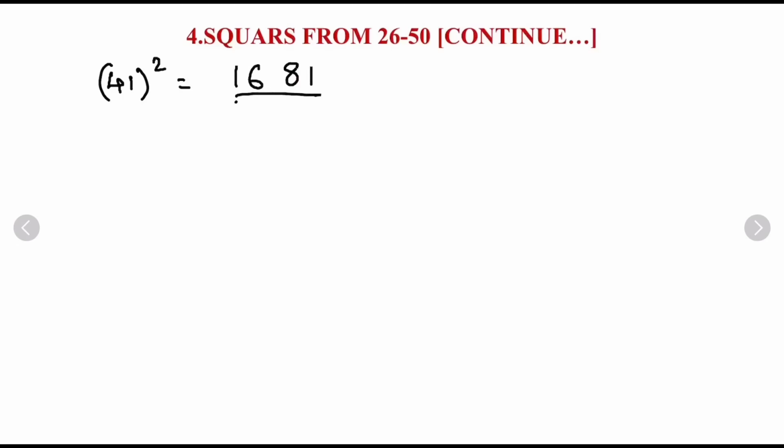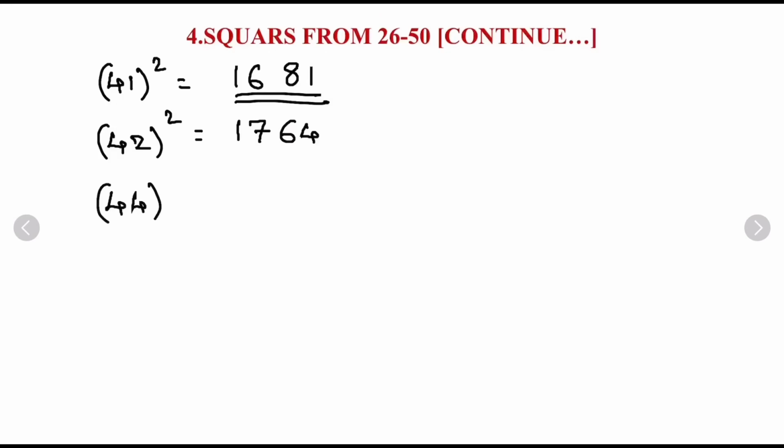So 1681. If it is 42 square, how much less than 50? 8. 8 square, 64. 25 minus 8, so 17. So 1764. To go with 44 square, how much less than 50? 6. 6 square, 36. 25 minus 6.